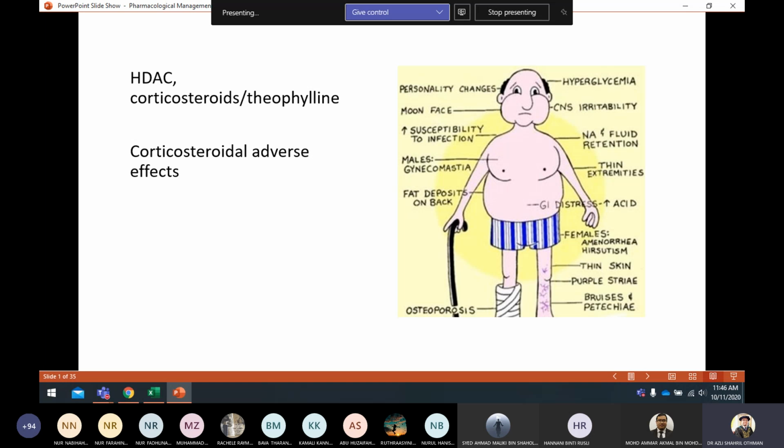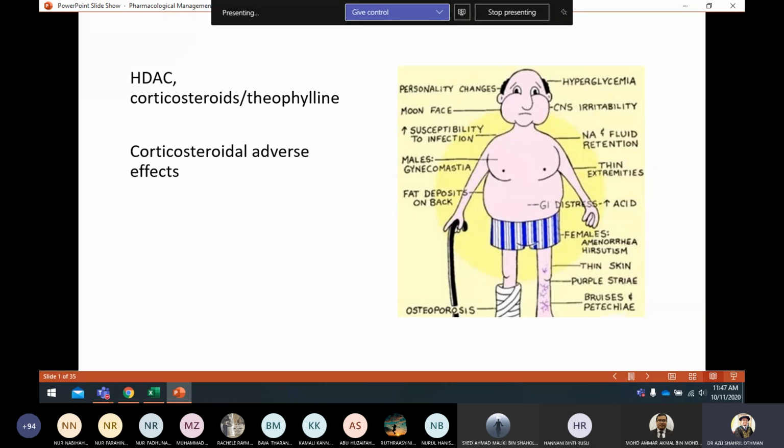Okay, and there are also some effects that are a little bit more important in terms of understanding the mechanism. For example, hyperglycemia. You definitely need to know how steroids cause hyperglycemia, or how steroids cause sodium and fluid retention through its mineralocorticoidal effects.